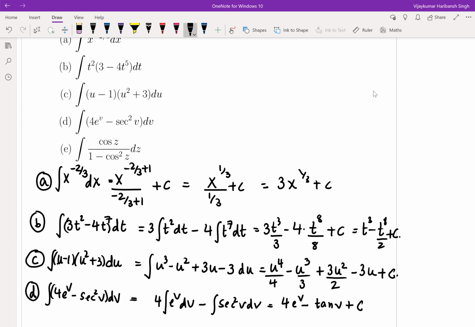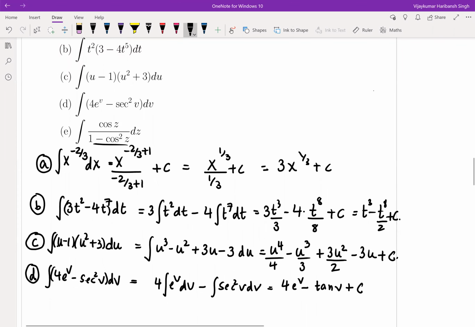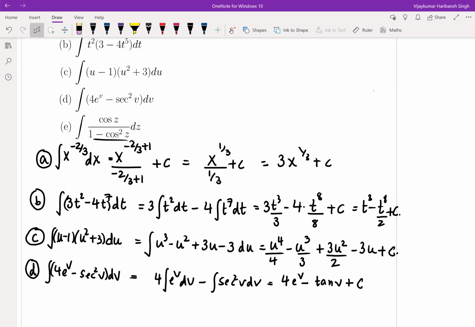Now let's look at the next one, which is e, integral of cos z upon 1 minus cos square z dz. In this case, we'll try to simplify it to make it look like something we already know. So 1 minus cos square z is the same as sine square z. So we have cos z upon sine square z dz.